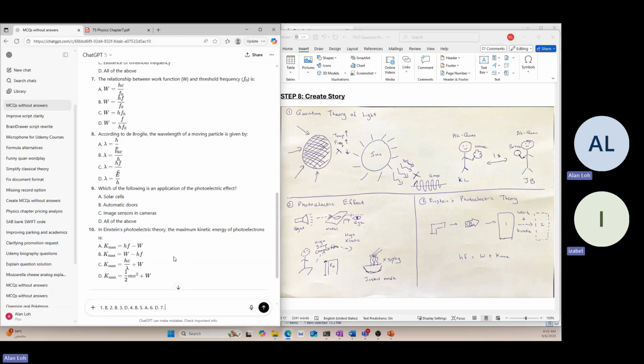7. And then the relationship between work function and threshold frequency is C. It's the third drawer, the Einstein drawer, and then the formula. Excellent.